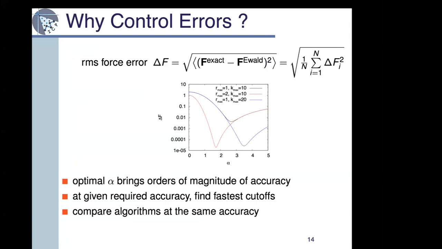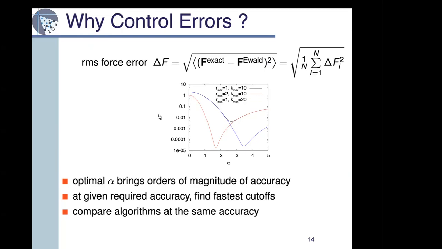Now, I always talked about error. I never told you why I think it's important to think about errors. Well, in a way that should be obvious, of course. You would like to have a value which is as close to the real value as possible. But it's a little bit like doing quantum mechanical calculations.